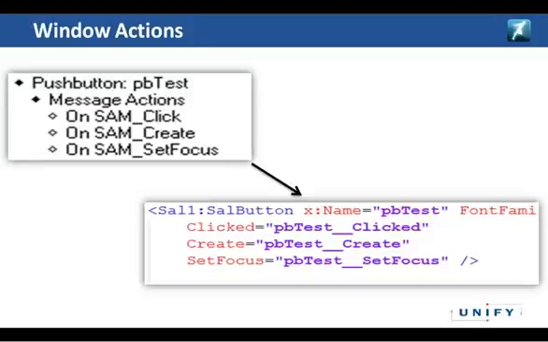The name is pbtest, and it has a clicked event handler called pbtest_clicked, a create event handler, pbtest_create, and a set focus event handler. And these event handlers actually call the compiled Team Developer code at runtime. You shouldn't be messing with these names. As soon as you do that, your application is broken, basically. You can play with all the other things, with the design, but not with the names of the event handlers.